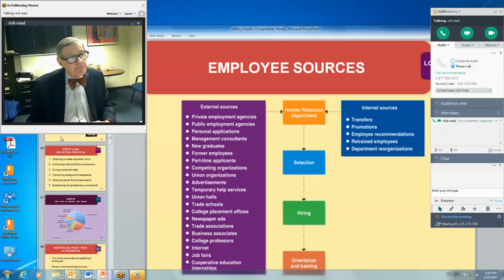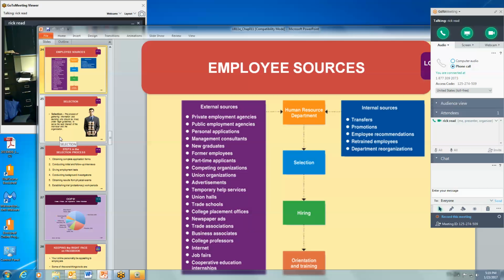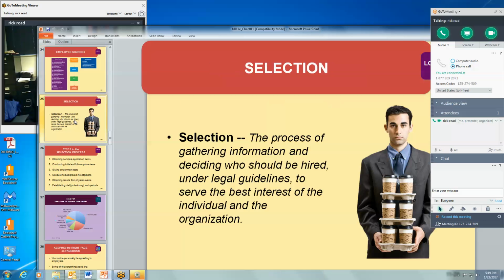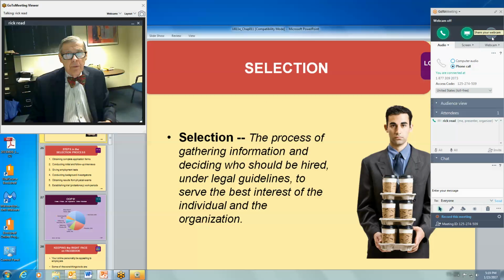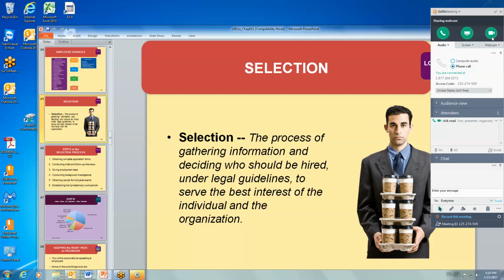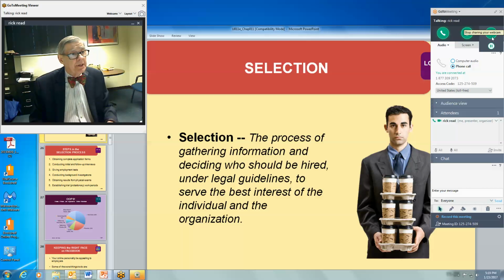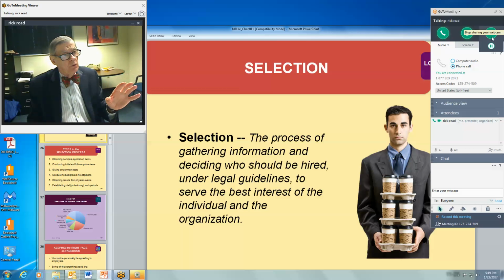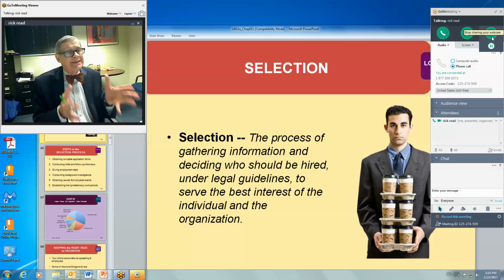These are people that we call applicants, and they have submitted a resume or an application or both, and we have weeded out the people who do not meet the minimum qualifications. Notice I stressed the word minimum.